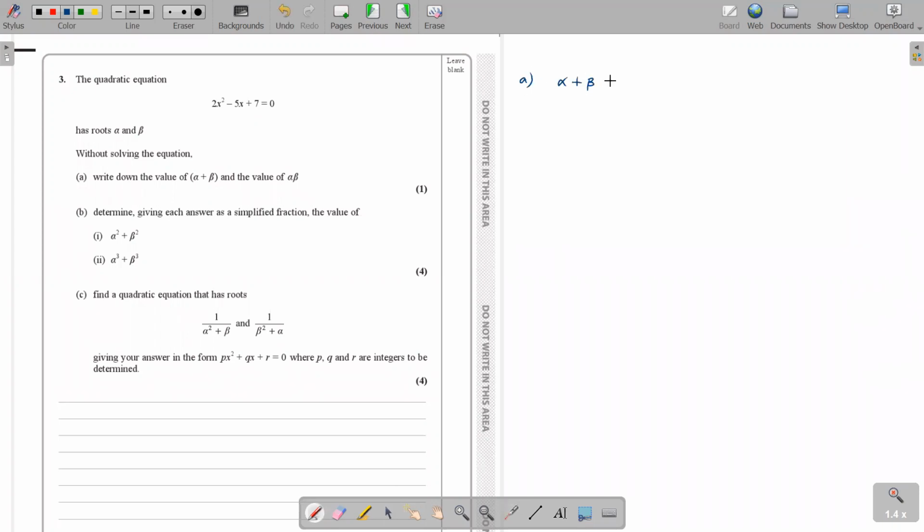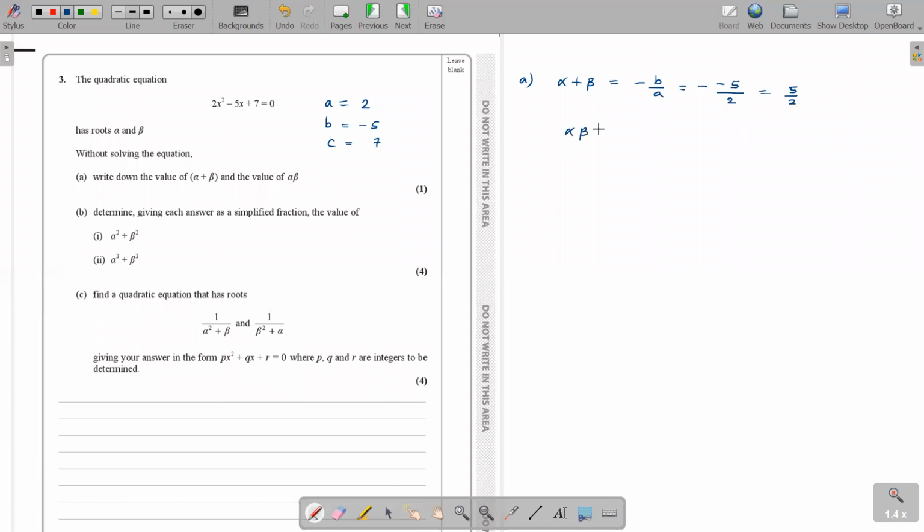Alpha plus beta is equal to minus b over a, right? So what's our ABC values here? You can see from this quadratic equation, a is 2, b is minus 5, c is plus 7. So then minus b over a, this is going to be minus, b is minus 5 over a is 2. So we end up getting plus 5 over 2. Alpha plus beta is plus 5 over 2.